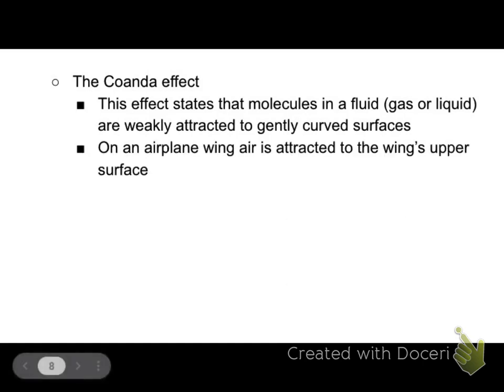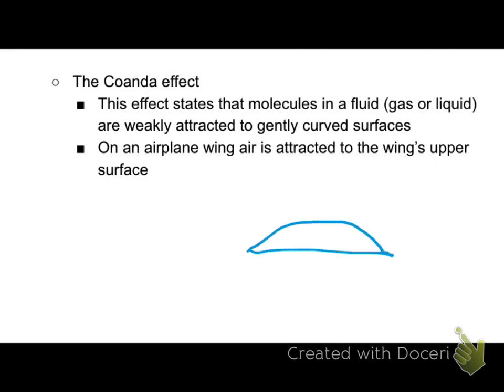On an airplane wing, the air is attracted to the wing's upper surface because that's the portion of the wing that's curved. Okay? So when you have your wing, lovely little curved wing here, the air that flows over the top of it has a weak attractive force between it, which means that not only is the wing pulling on the air, but the air is also pulling back on the wing, because remember, every force has an equal and opposite force.